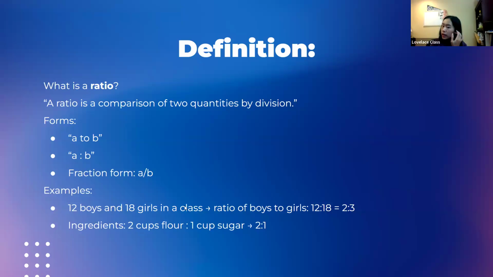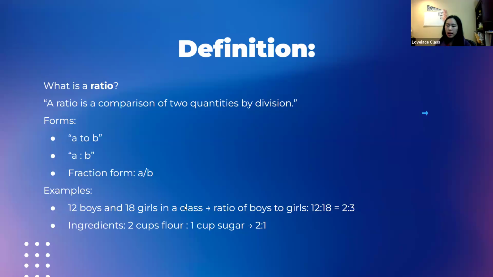So an example of this: I said in the beginning that a classroom setting is very common for using ratios. Let's just say you have a class, right? And there's 12 boys in that class and 18 girls in that class. Something very common to ask is, what is the ratio of boys to girls? Since there's 12 boys and 18 girls, that's our two quantities, our two numbers.